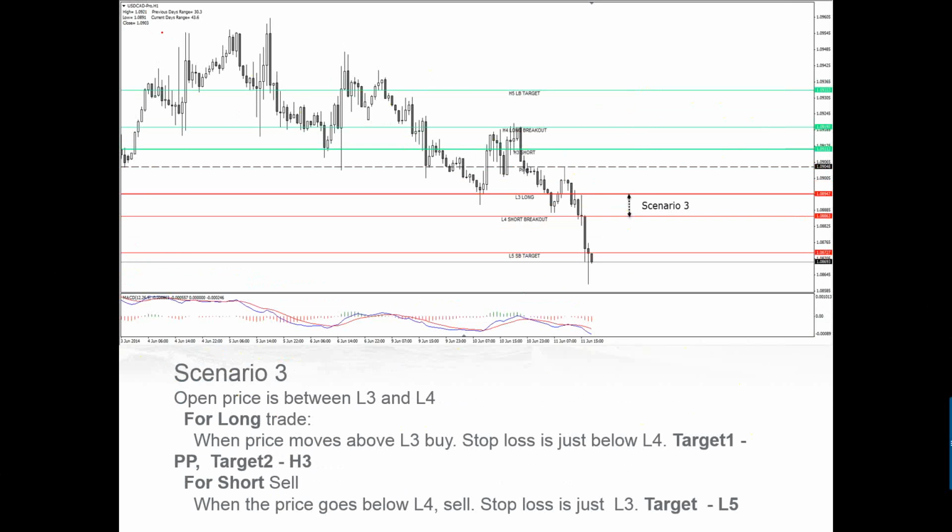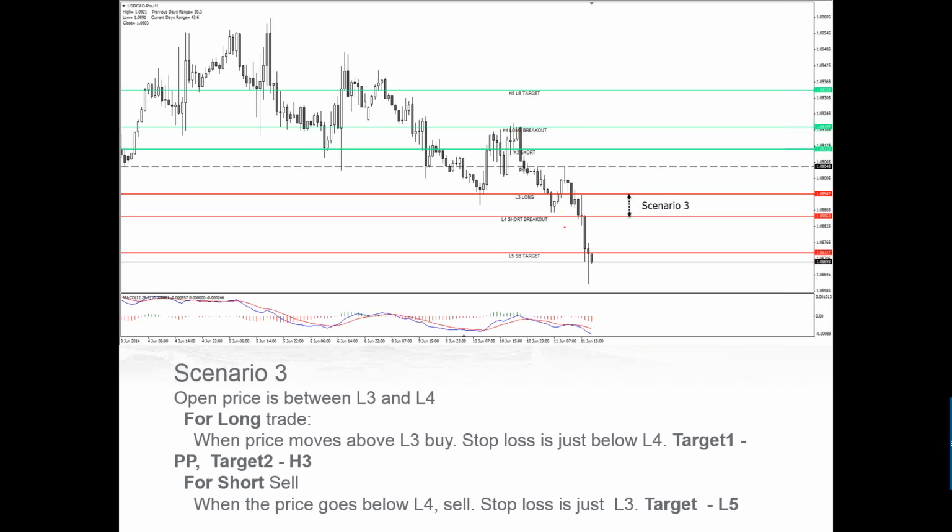Scenario 3, open price, here as you can see it is between L3 and L4, okay? In between L3 and L4. That means usually when the price opens around these pivot points, it will go above L3 or it can go above L4, okay?